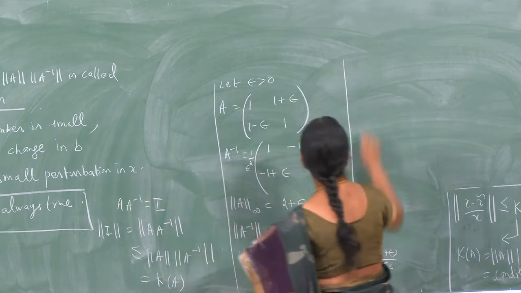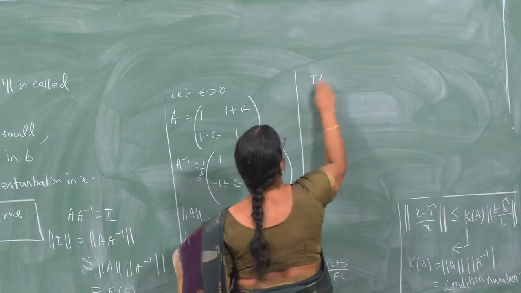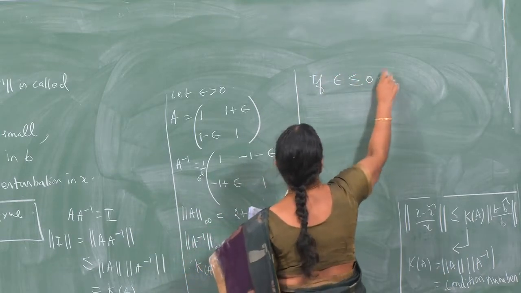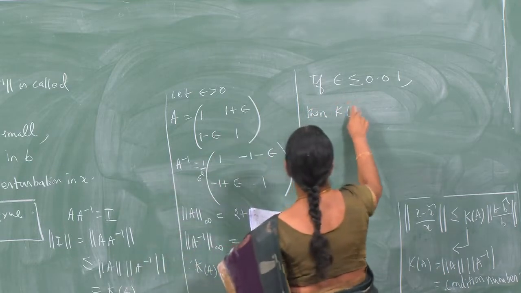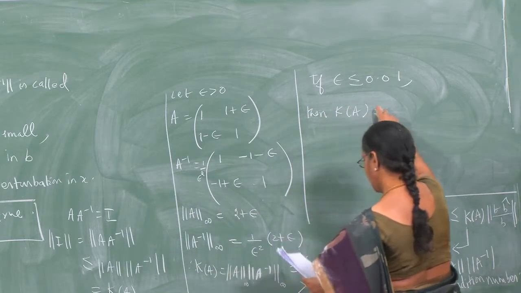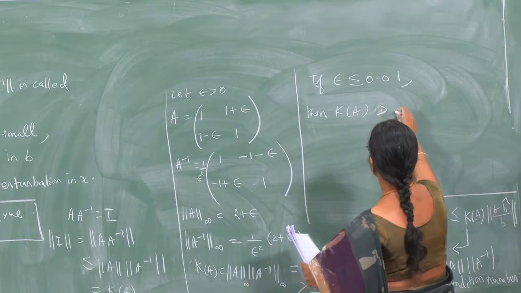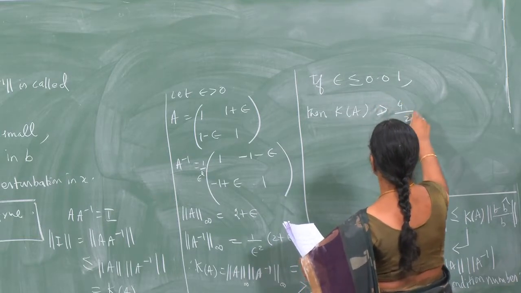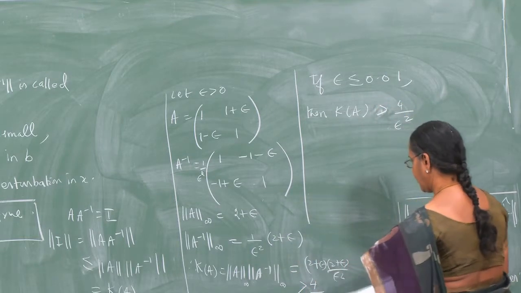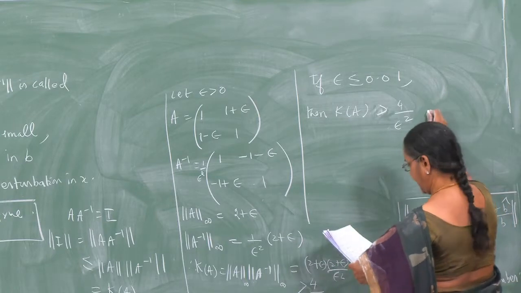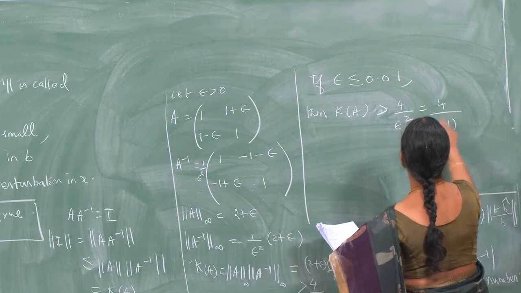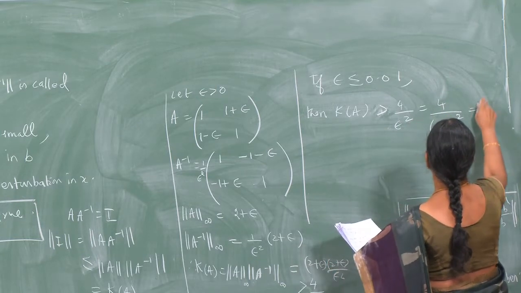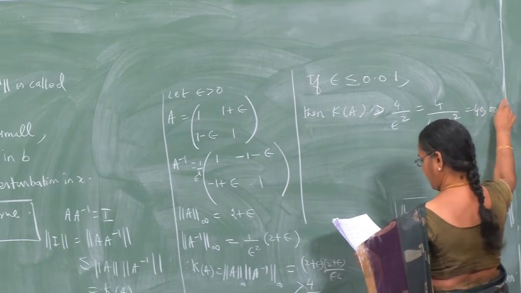Therefore, if epsilon is less than or equal to 0.01, then k of A will be greater than 4 by 0.01 the whole square, so greater than 40,000.